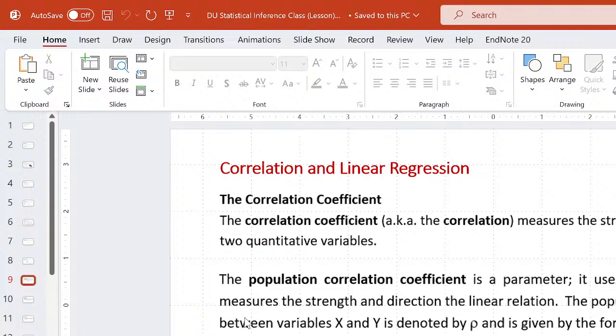And really, it's the product of the z-scores for both number of rail cars and fuel consumption. Take each pair, number of rail cars and fuel consumption, change them into z-scores, multiply them together, add them all up and divide by however many pairs you have. And that is the population parameter.